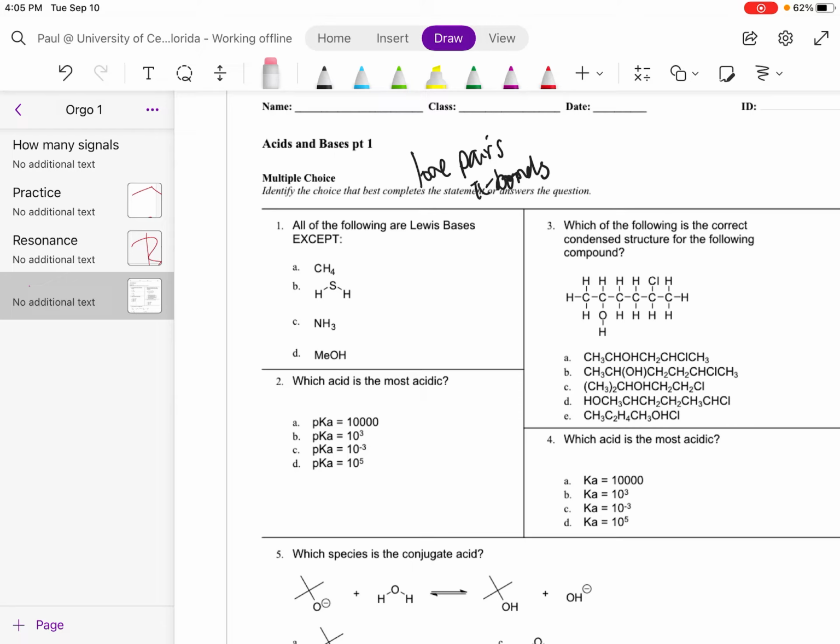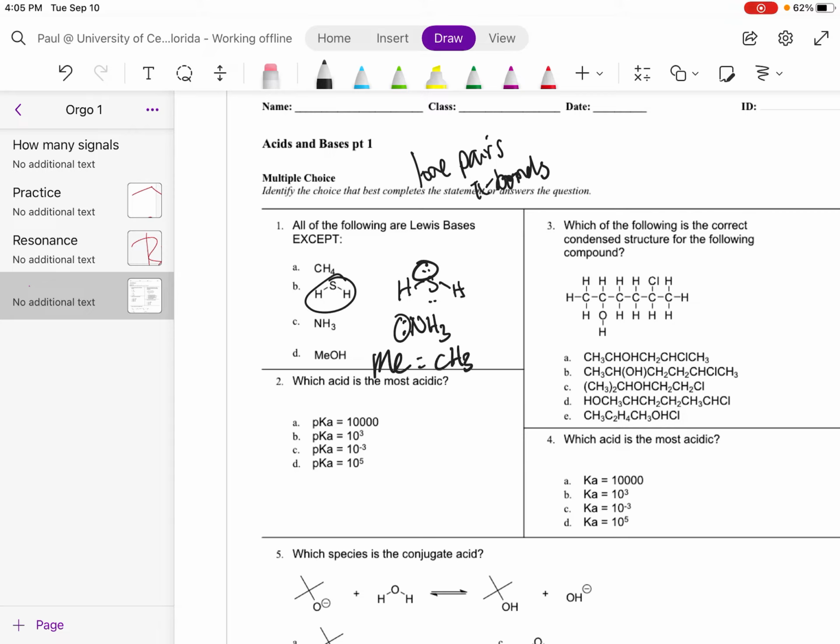But when you look at the sulfur species right here, you'll see that it has 2 lone pairs. Those can act as a base. Ammonia, NH3, has a lone pair that can be used as a base. And MeOH is simply called methanol, and Me is a methyl.